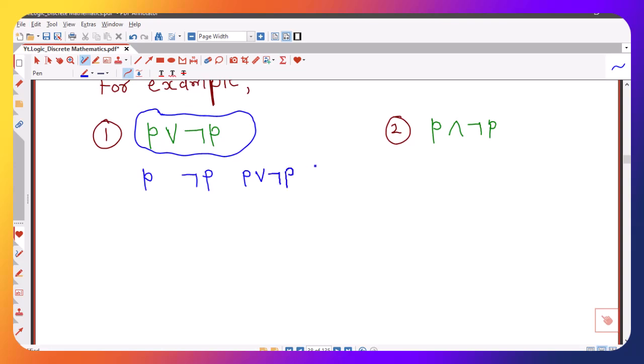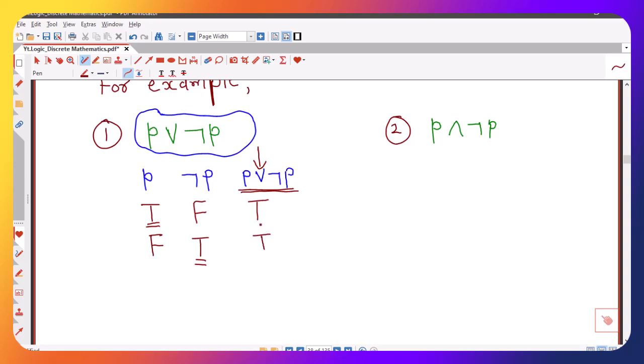For P there are two possibilities, true and false, and negation of P has F and T as truth values. This OR operator is inclusive OR, that means if at least one is true, then the result is true. So here I have T, and because of this T, here we have T.